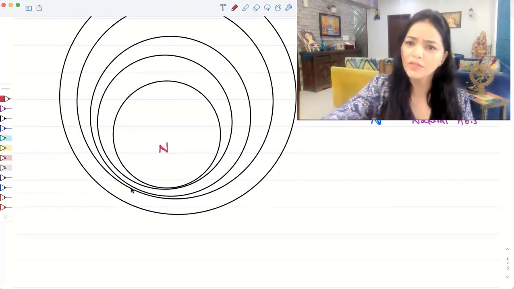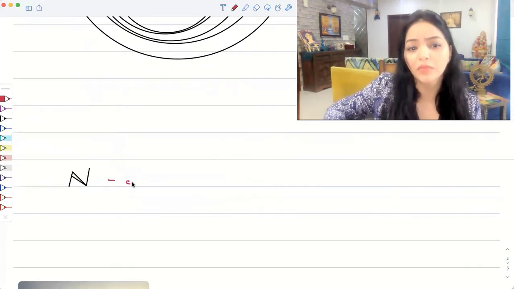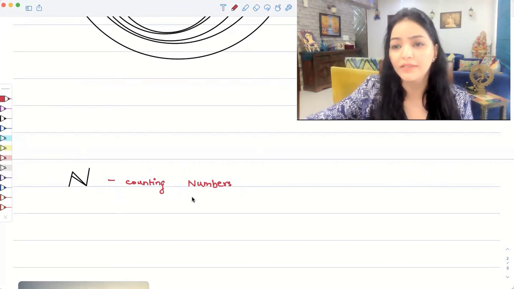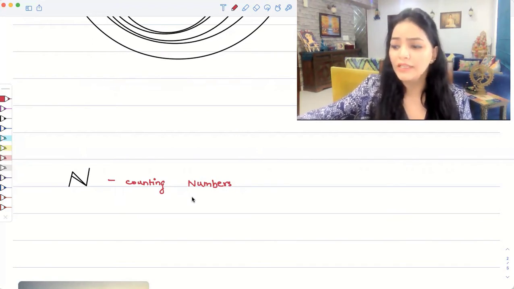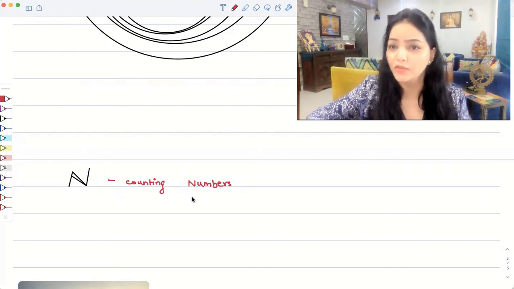What are natural numbers? As I mentioned, they are the counting numbers. They are the easiest to understand, and that's the reason why I am starting the classification with natural numbers, because we count every time. The easiest way to understand real numbers is natural numbers. Natural numbers are real.